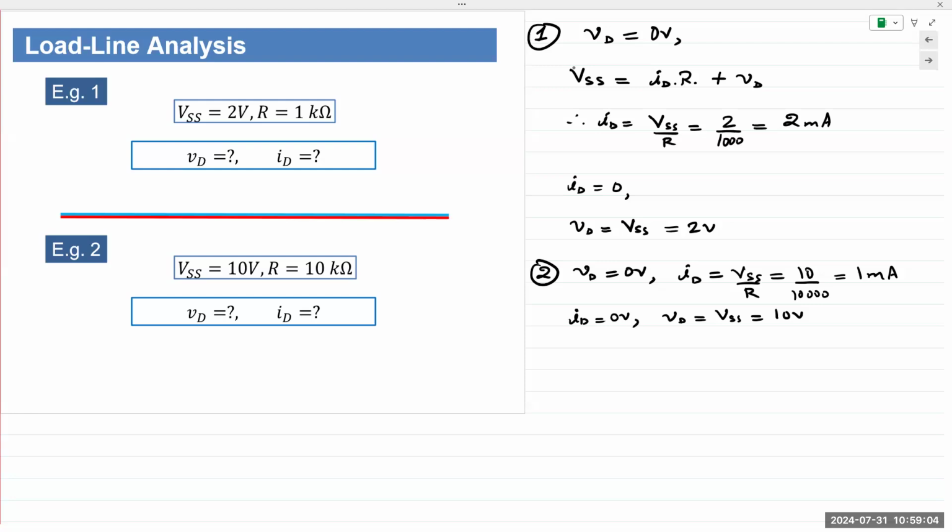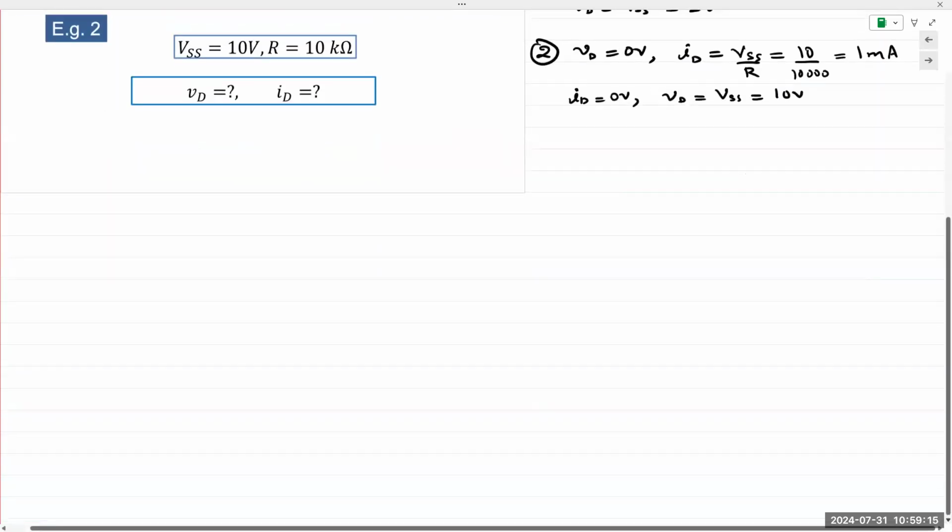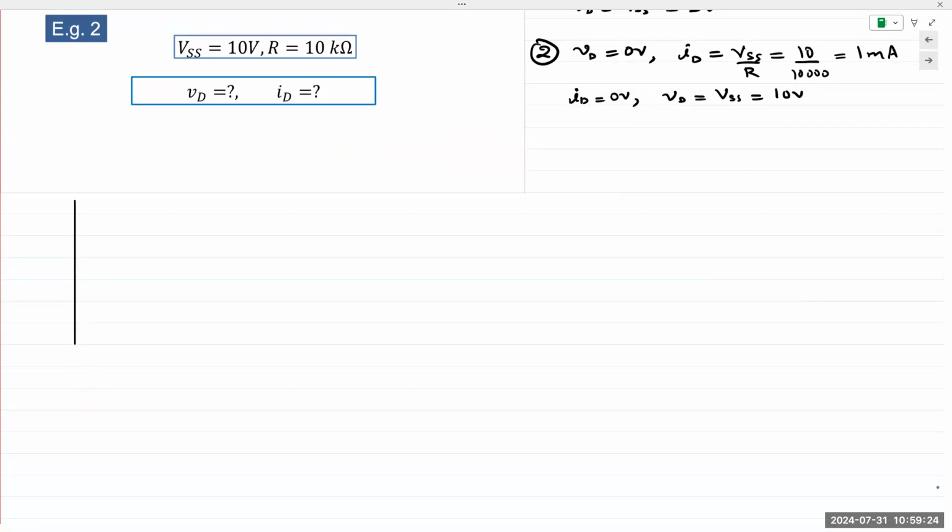So if I wish to plot both on the same graph, then I need to have at least 0 to 10 volts, a line going from 0 to 10 volts. So let's see. That should be good.